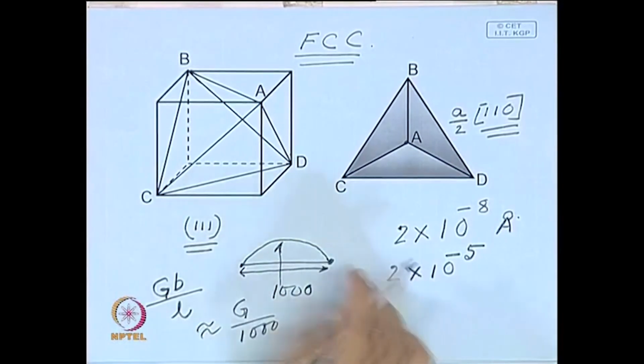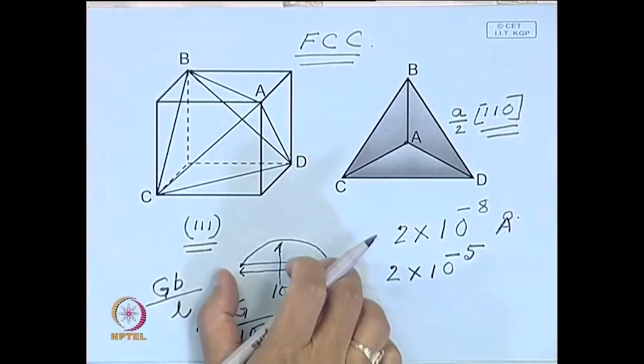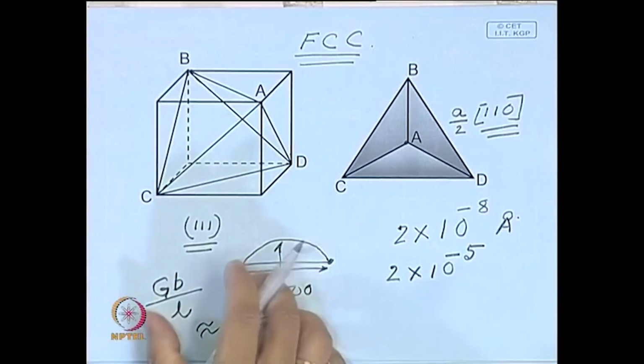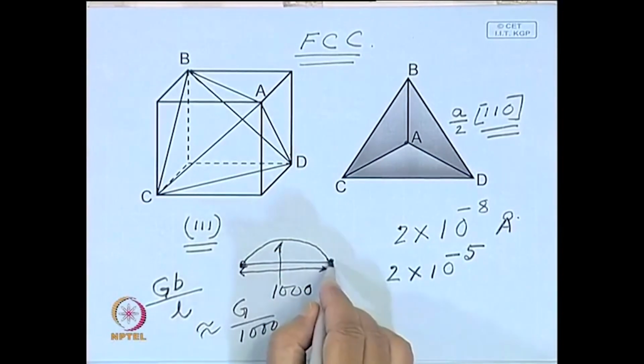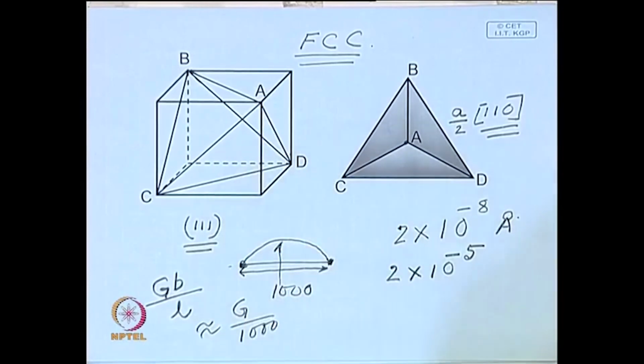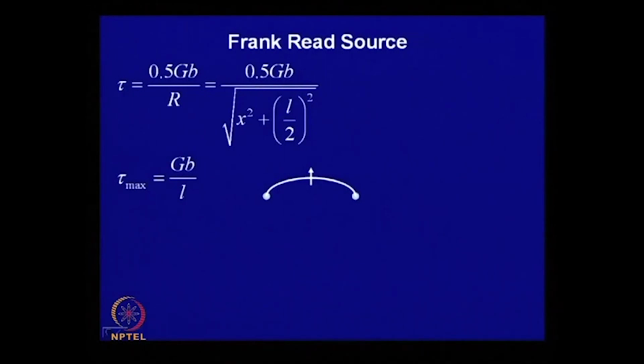So that means if L is small, then the strength of the crystal increases. If this dislocation segment is large, then the dislocation can be generated easily, which is shown over here.